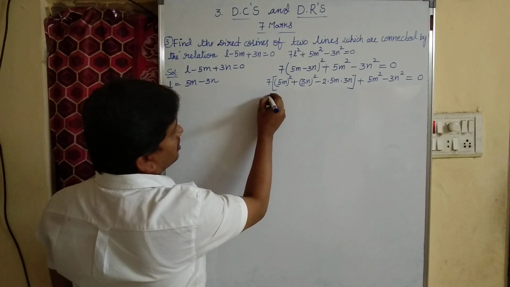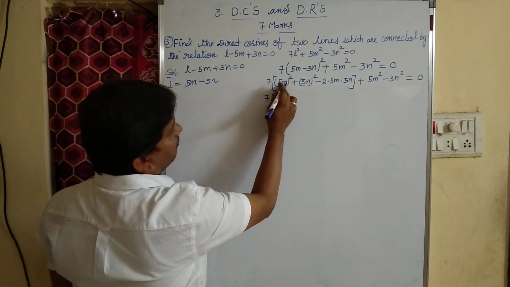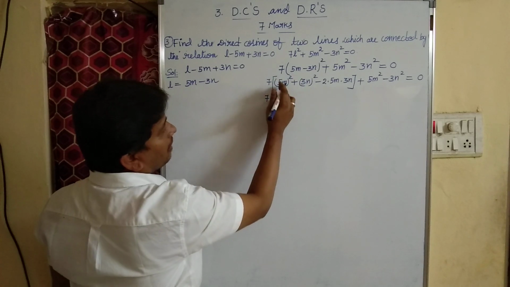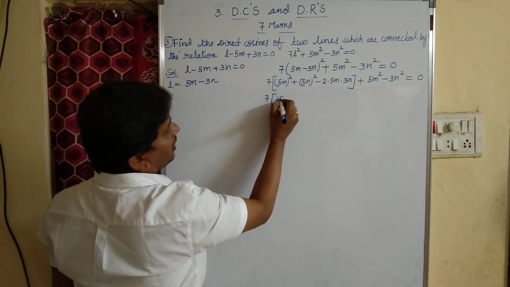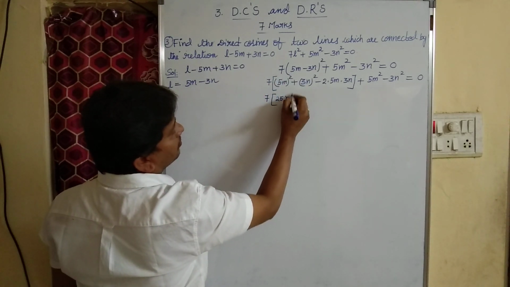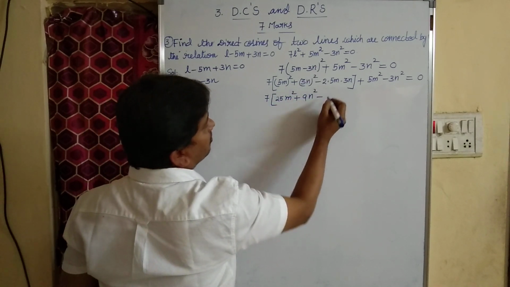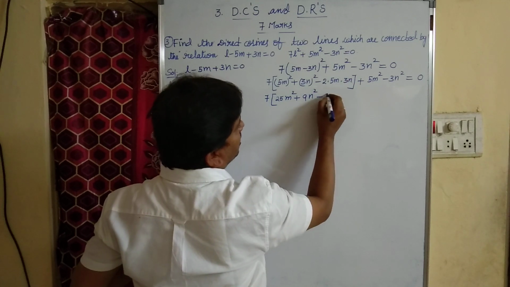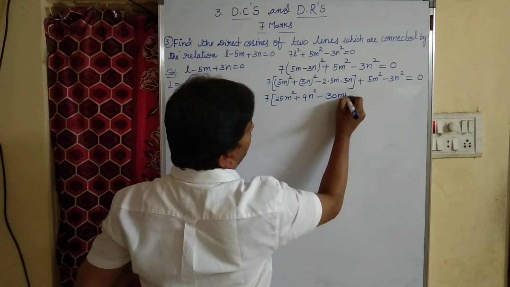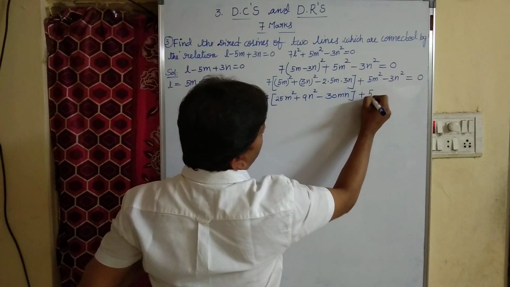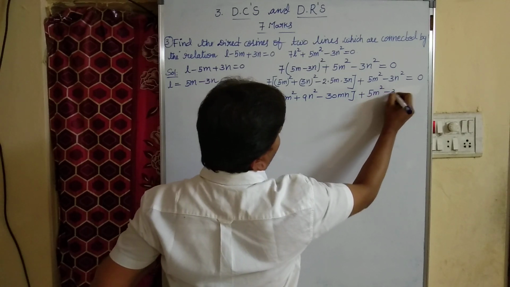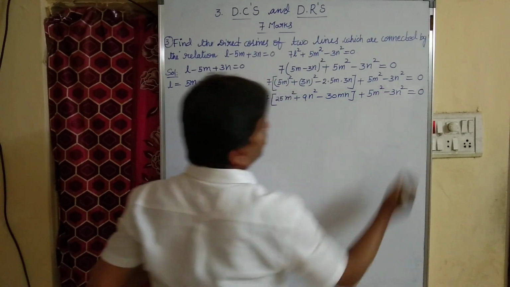Now 7 into 5m whole square, I mean 5 square 25, then m square, 3 square 9 n square, 2 5s are 10, 10 3s are 30, 30 mn plus 5m square minus 3n square, that is equal to 0.